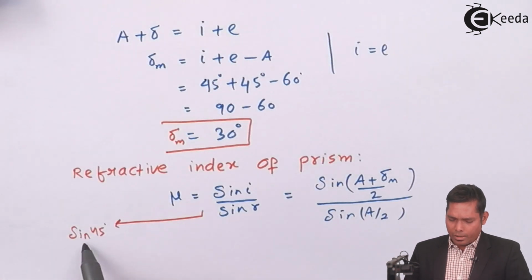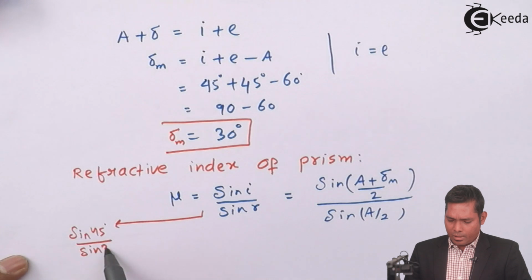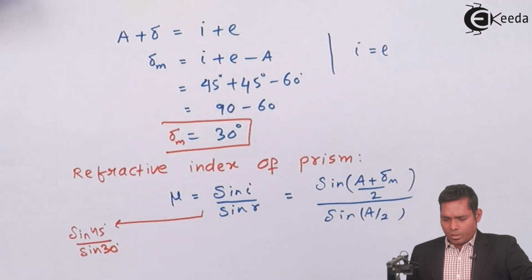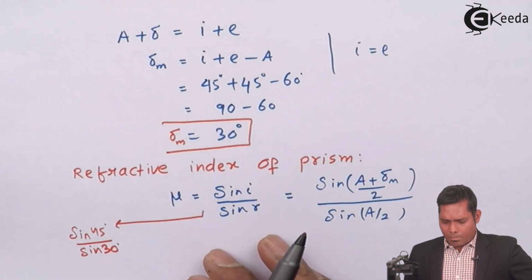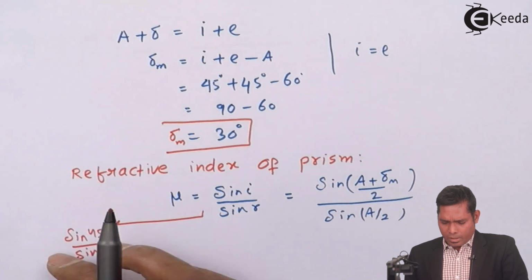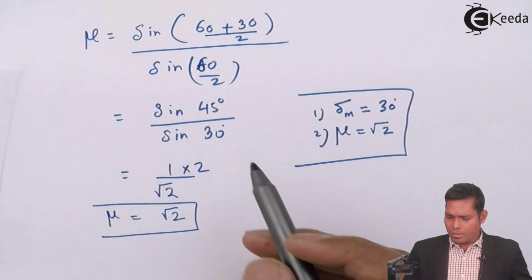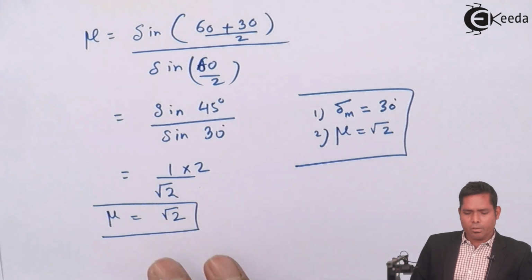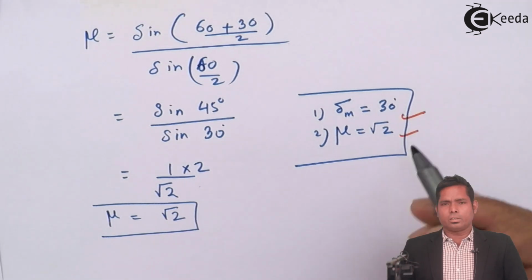So I can put sine 45 by sine 30 directly. In the previous case also we got the same thing, sine 45 by sine 30. So anyway, you will get the answer. So these are the two answers.